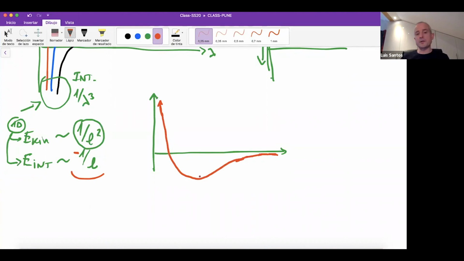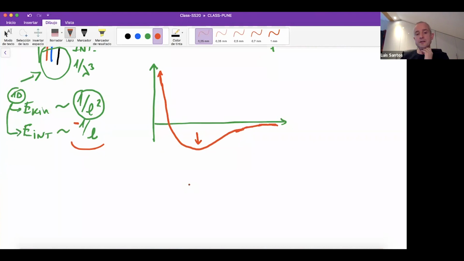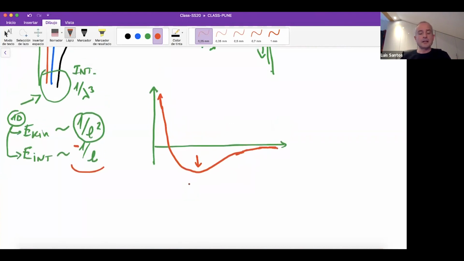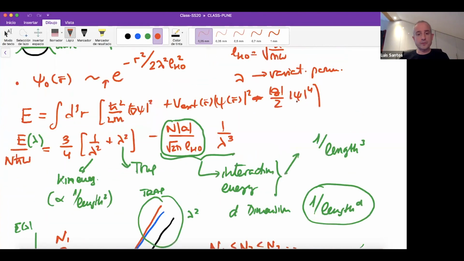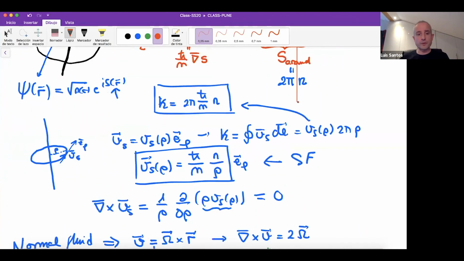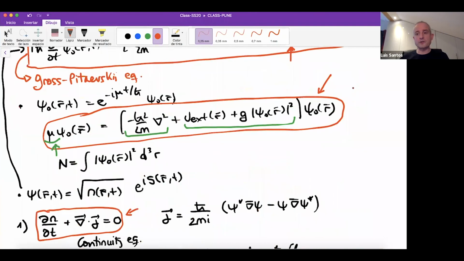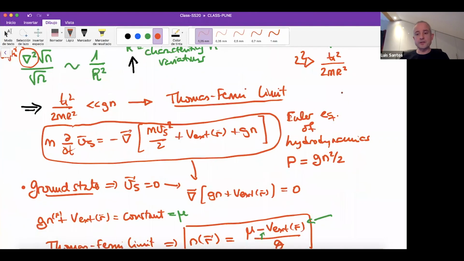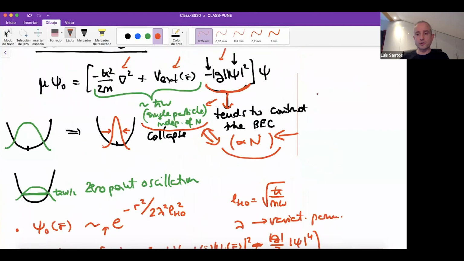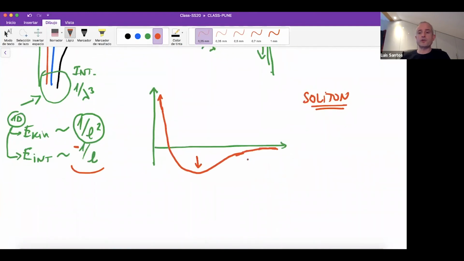So this means that in 1 dimension, contrary to 2 or 3 dimensions, you may have the possibility to have a condensate at a finite density. This is related with the idea that in one-dimensional systems, if you take the nonlinear Schrödinger equation that we were discussing from the very beginning, it is well known that it has solutions called solitons, which are typical of these nonlinear Schrödinger equations in 1 dimension.